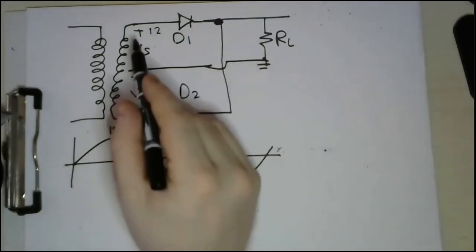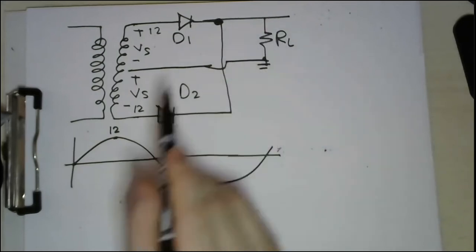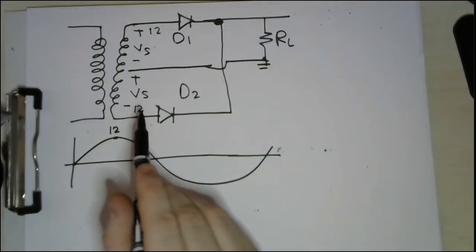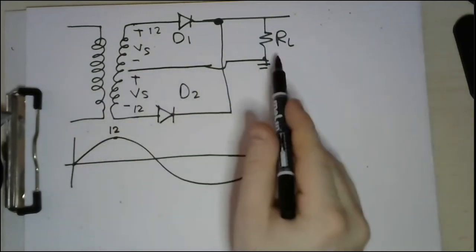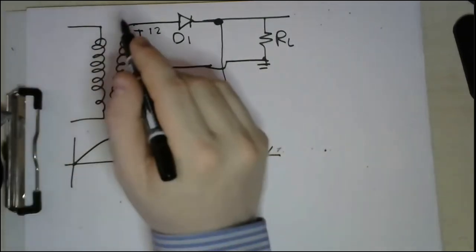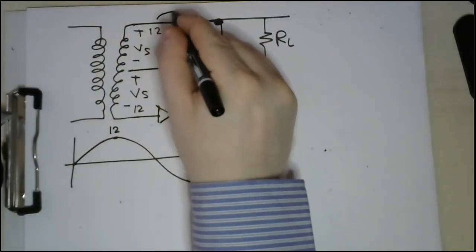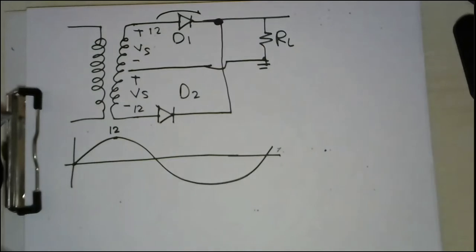And what you can see now is that you have a positive 12 connected to the load and a ground. So the output will be typically the input, but please don't forget that due to this diode, you will have a V node drop.